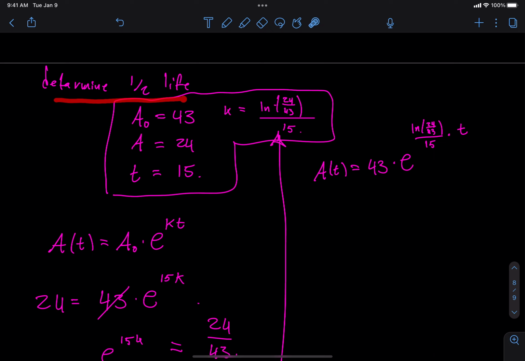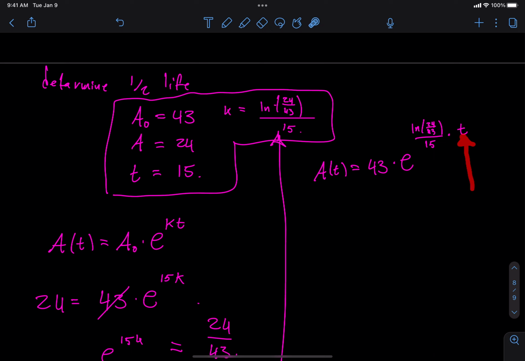So I want to find t, the time, such that if I plug it in here, what happens? I want to find the amount of time that it takes for it to decrease to half of its original mass.